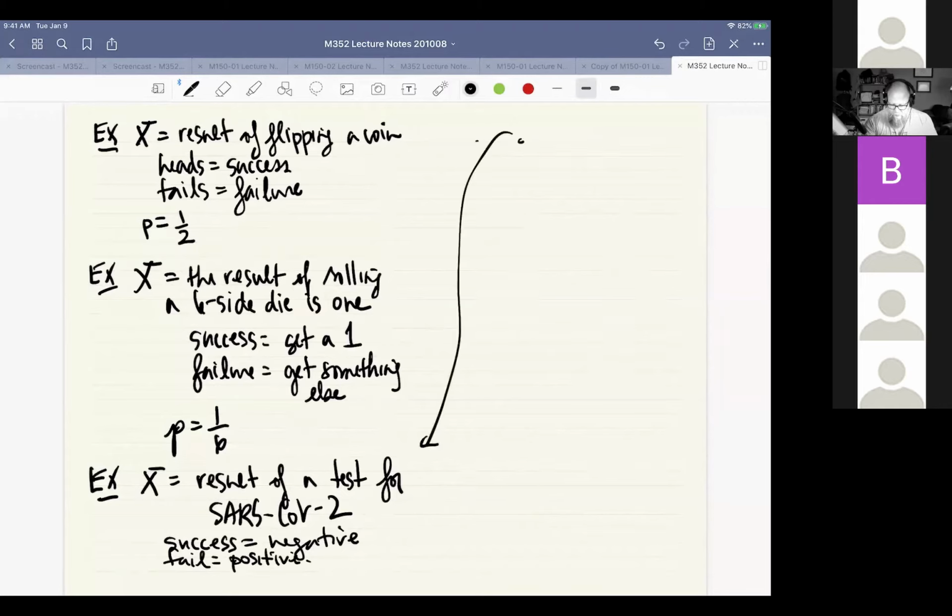And then what's the parameter for that Bernoulli trial? Well, nobody really knows exactly what the parameter is. But if you look at seropositivity of the American population, it's going to be between 2% and 20%. So a reasonable person might say 5%. But that would be a number that we get empirically by looking at data.